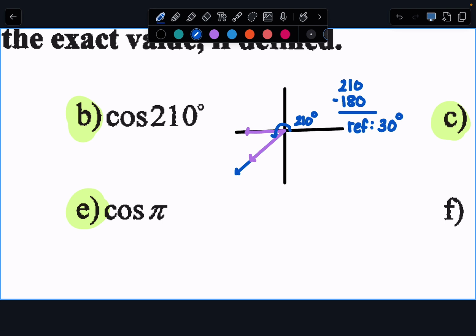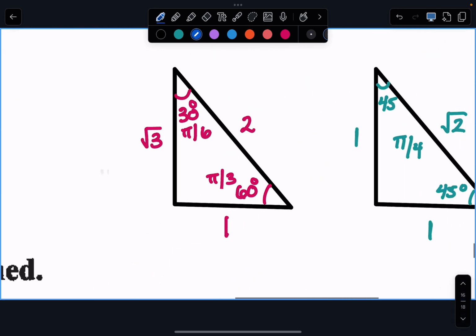So are we positive or negative in the third quadrant? For cosine, sorry. Negative, right? All students take calculus, okay? So what is the cosine of 30 degrees? Yeah, square root of 3 over 2. We should be at a point that that's quick, okay?